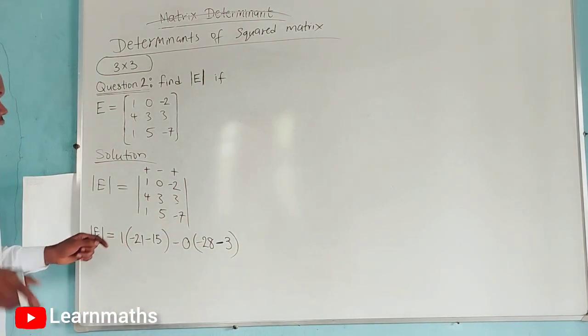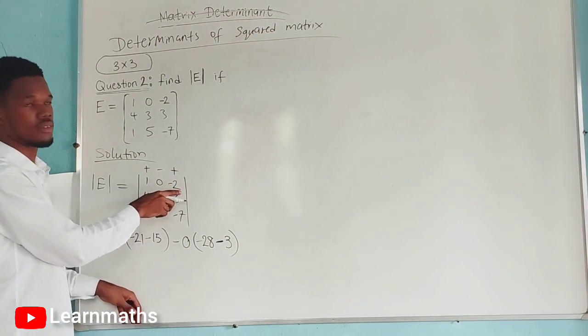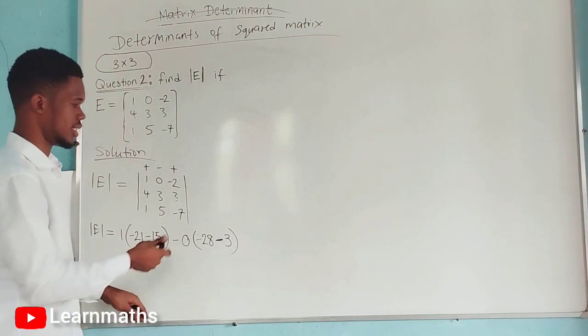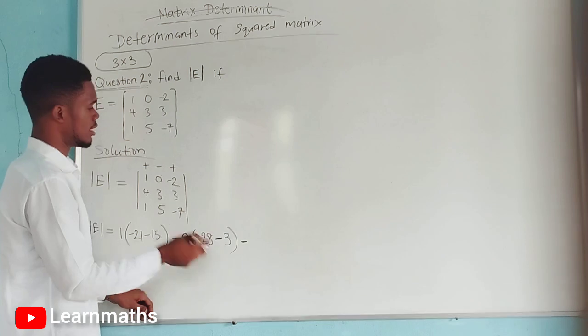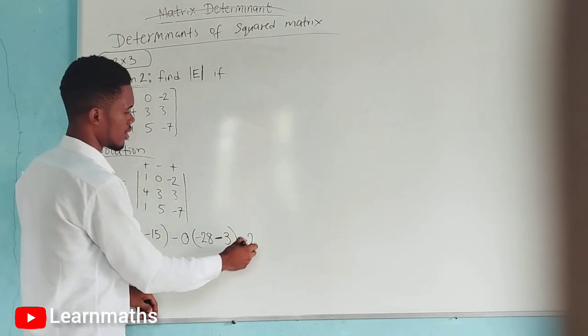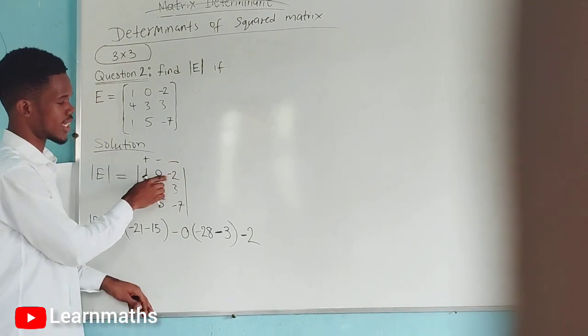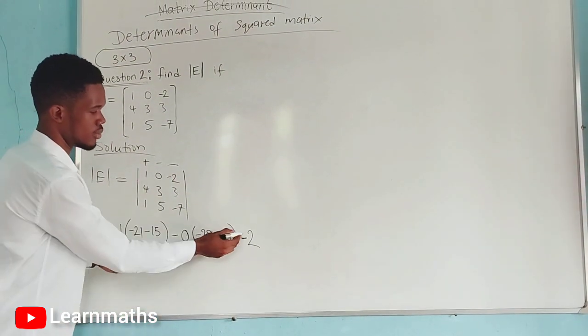Then finally we have plus negative 2. Plus and minus meeting, the resulting sign is going to be negative, so we have negative 2 there. If we had negative, negative 2, that would result in positive 2.